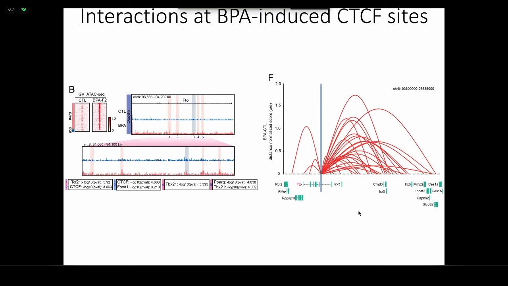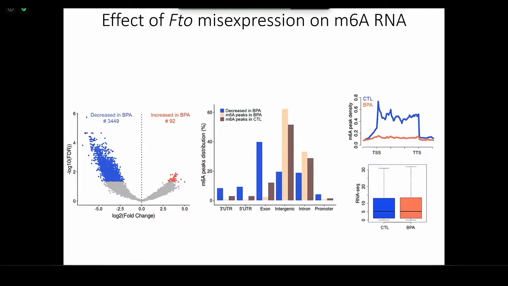So the presence of the CTCF site increases interactions between these enhancers in the intron and other genes in the vicinity. And this is important because I told you that this configuration, not only the transcription factor, but the interactions, can be transmitted to the next generation.